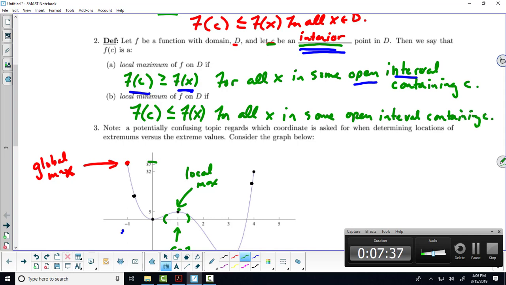You don't have to be the smallest point in the entire function. It just has to be possible to construct a neighborhood around that value c so that it is the lowest value in that neighborhood.